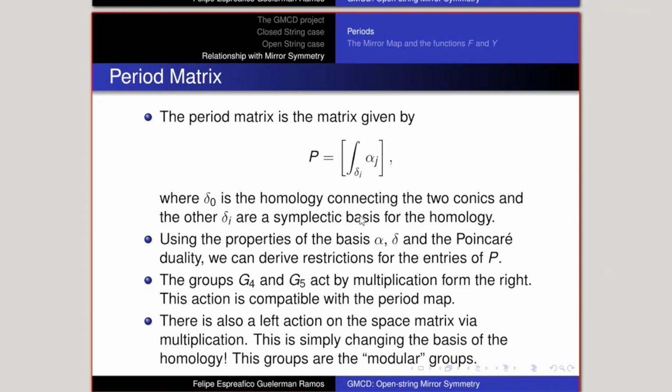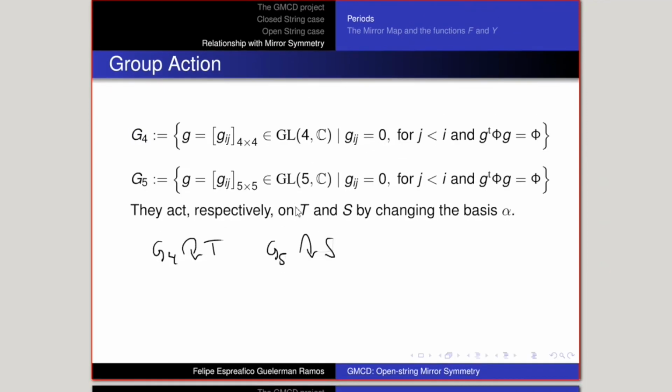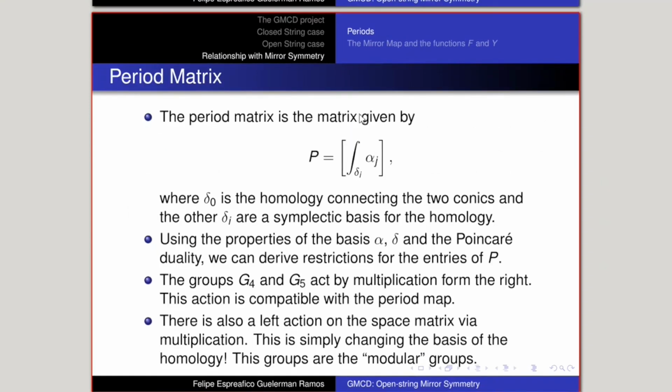Okay, so you can define this period matrix, and then of course this matrix cannot be any matrix. They have restrictions. And the groups G4 and G5, in the same way they act on T and S, they act on P, the period matrix, by multiplication from the right. So this action is compatible with the period map.